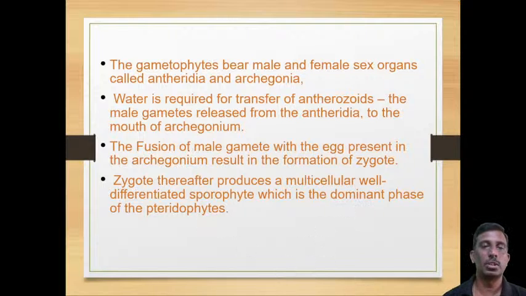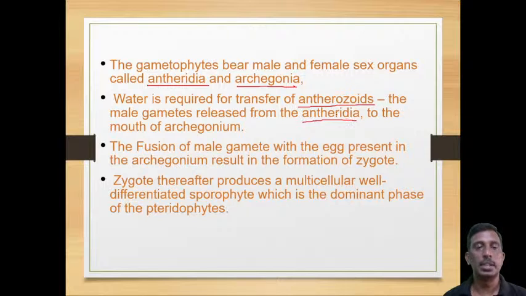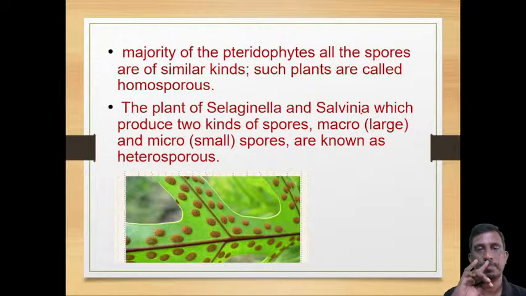The male sex organ is called antheridium, the female sex organ is called archegonium. Water is required for transfer of male gametes, antherozoids. Antherozoids come from the antheridium and have to reach the archegonium. After fusion we get the zygote. After fertilization, from the zygote we get a sporophyte.